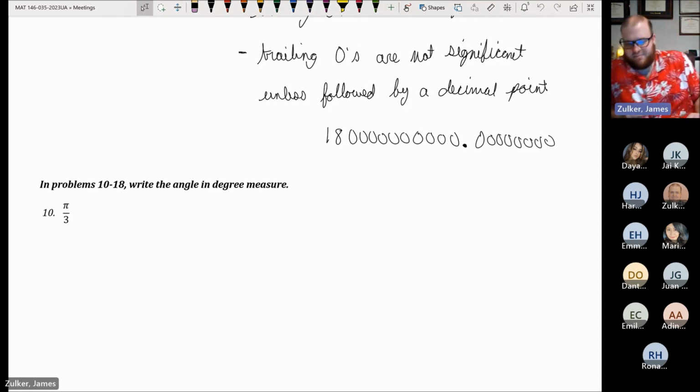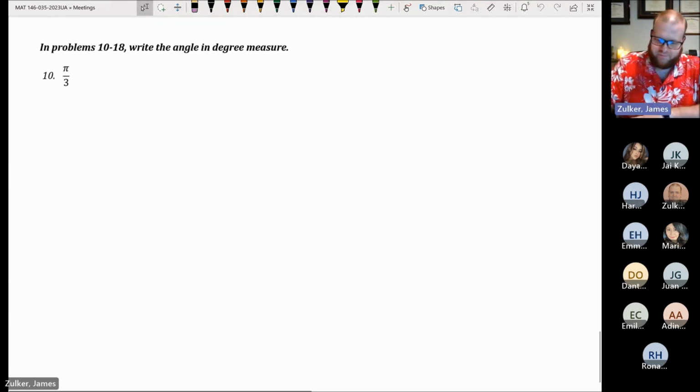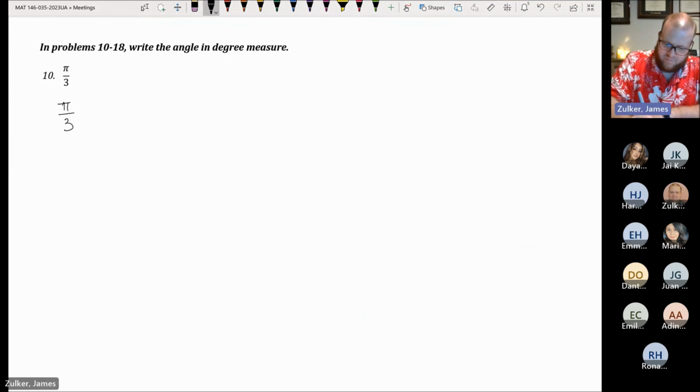Now we're going to do the opposite. Here we're given an angle in radians, and we'll convert it to degrees.